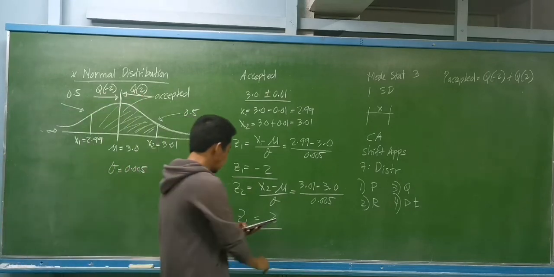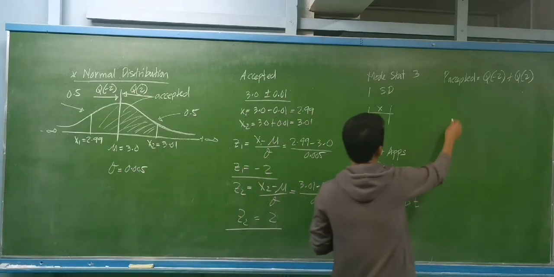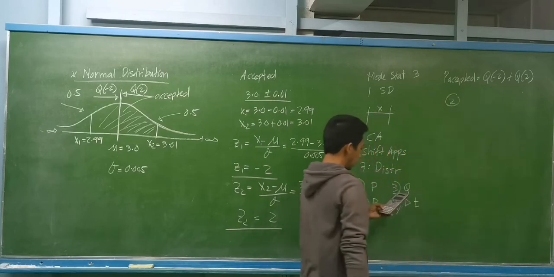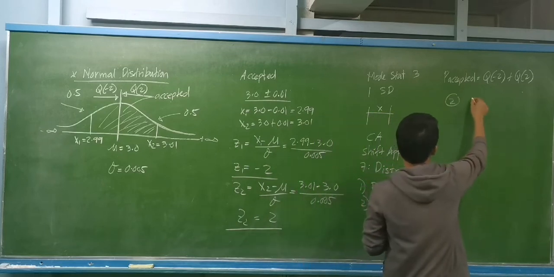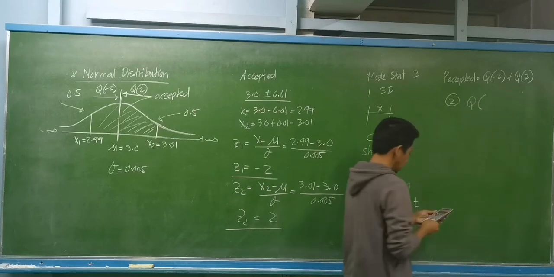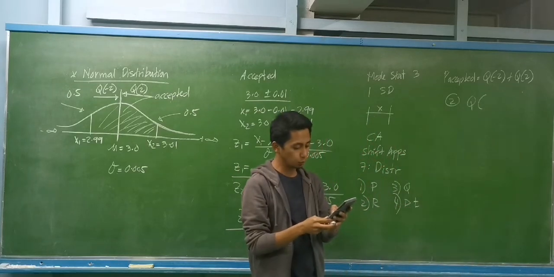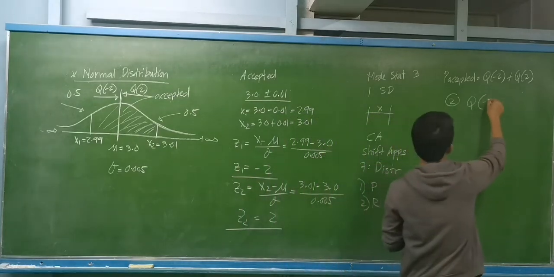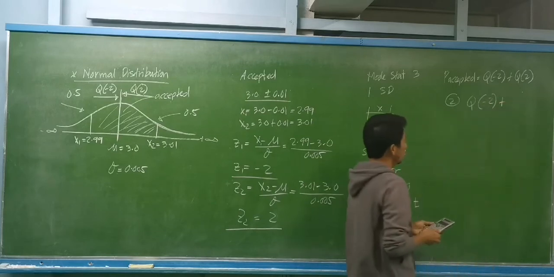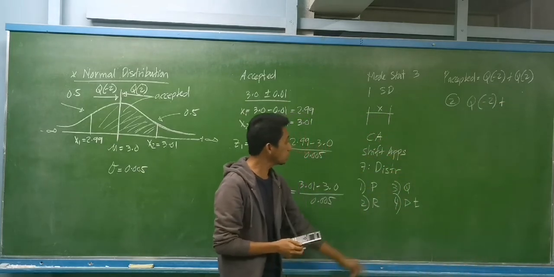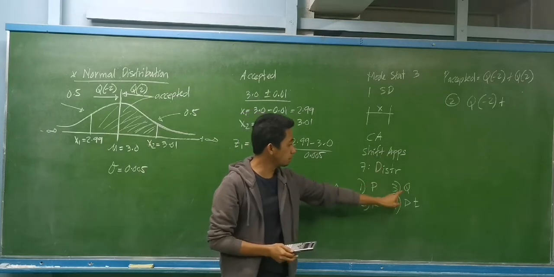So, we choose number 2 here. Number 2, the calculator gives the Q, then I put negative 2 here. So, this is negative 2. Then plus, I repeat the process: Shift STAT distribution number 3.